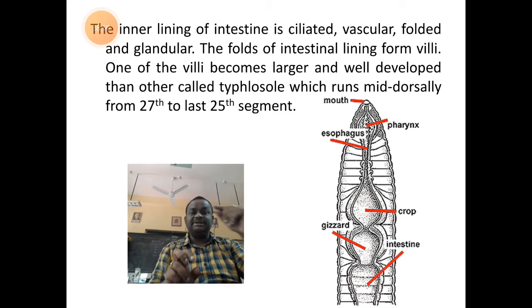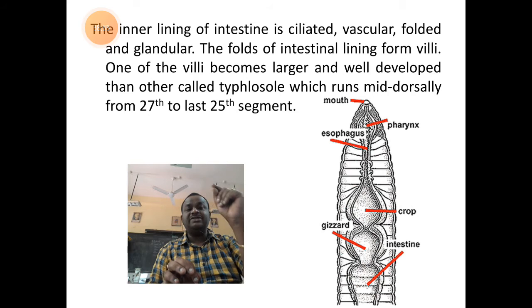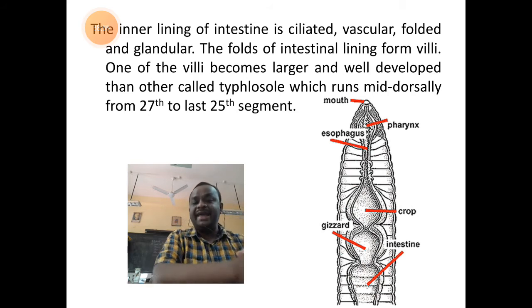These folds that are seen in the inner lining of the intestine are called villi, plural, villus singular. You might have learnt about this concept in your lower standards related to the intestine of human beings. So, there are a number of finger-like folds seen in the inner lining of the intestine called villi.